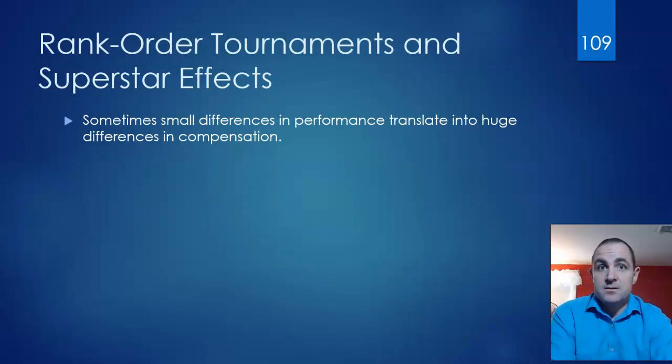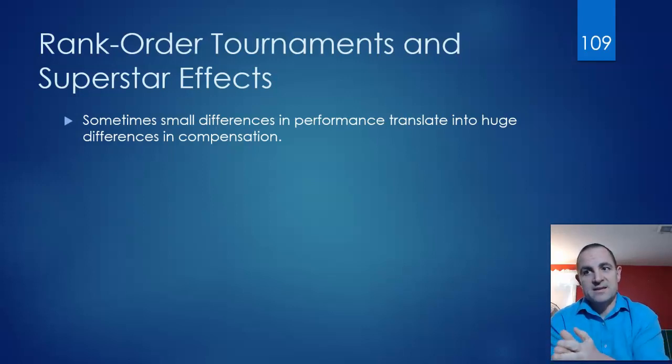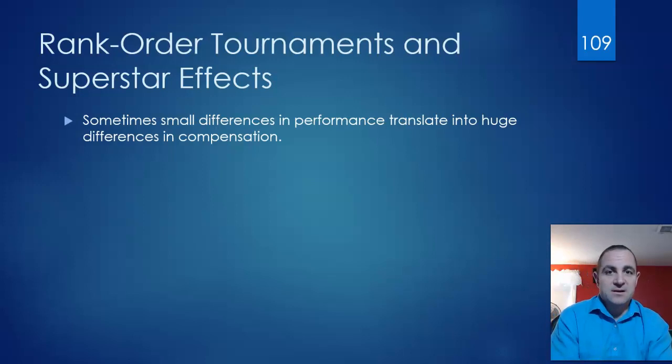This difference becomes even more drastic when you consider that the player who's eliminated in the second round earned just $30,000 more than a player who was eliminated in the first. So if you go from getting knocked out in the first round versus the second round, the prize difference is $30,000.